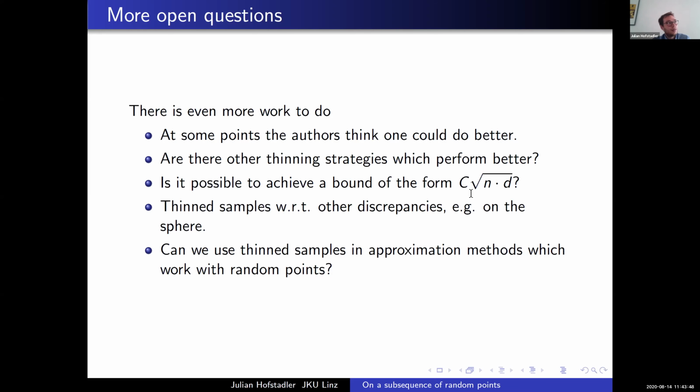And last but not least, if you have a look at approximation methods, for example, in an IBC setting or something, then you often work with function evaluations where you clearly need some points. And you could also try to use thin samples with respect to these methods and try to see how good or bad things turn out to be in a setting of this kind.